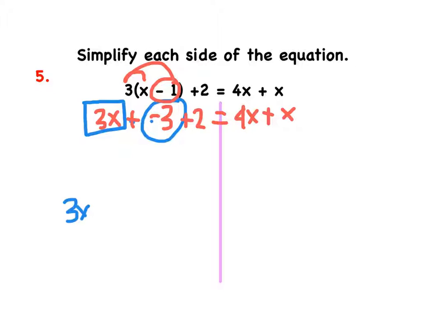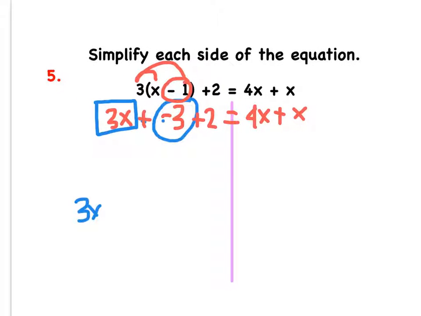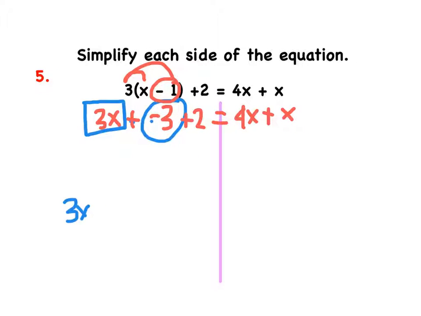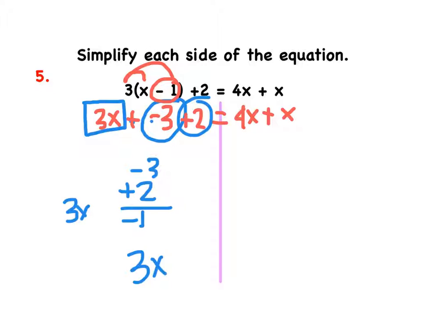So I'm going to write -3 and +2. And I'm going to end up with, so -3 plus 2 is going to give me -1. So on this side, I'm going to have 3x plus -1.